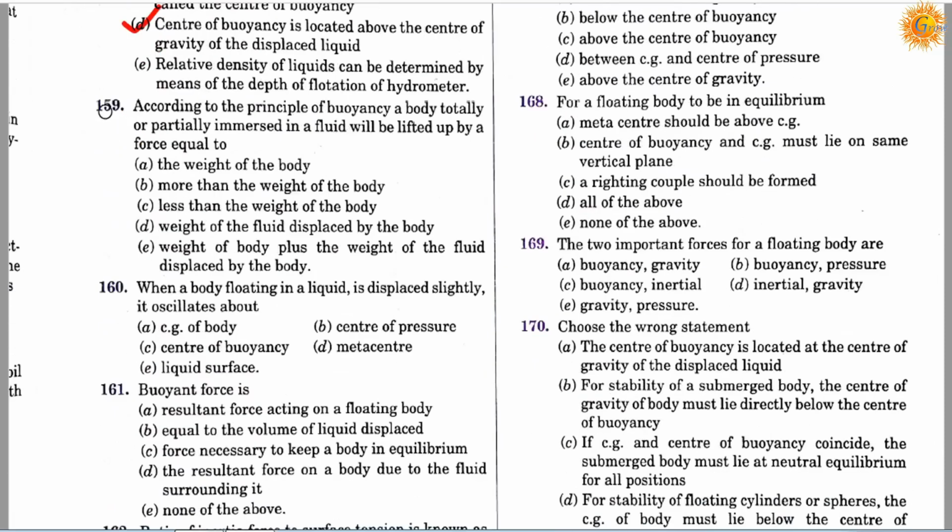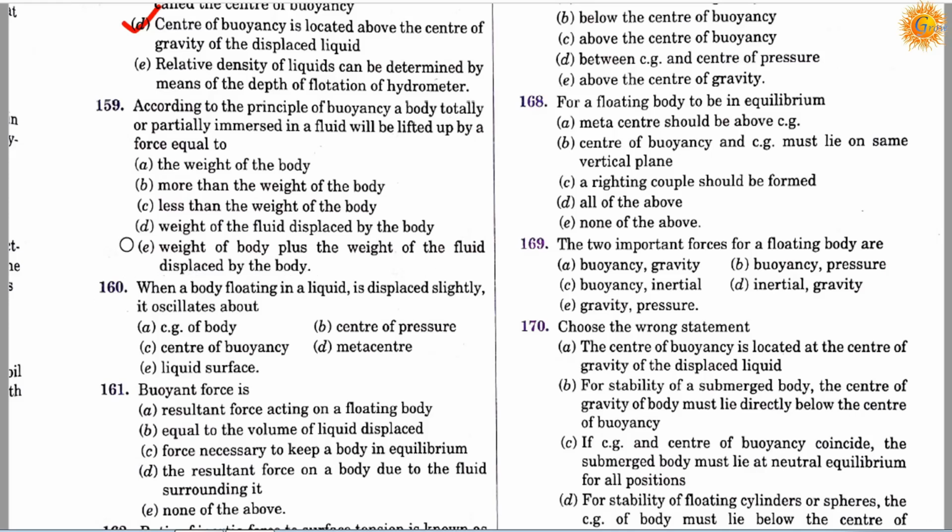Question number 159. According to the principle of buoyancy, a body totally or partially immersed in a fluid will be lifted up by a force equal to: option A, the weight of the body; option B, more than the weight of the body; option C, less than the weight of the body; option D, weight of the fluid displaced by the body; and option E, weight of the body plus the weight of the fluid displaced by the body.